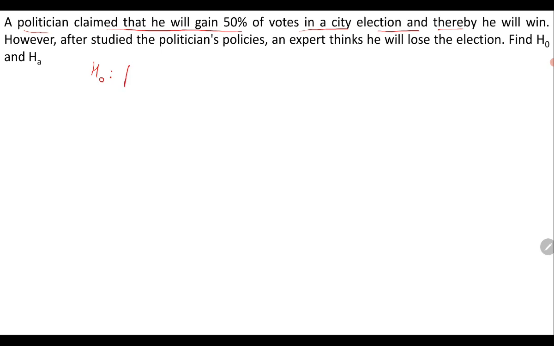It means the probability is greater than or equal to 0.5. And HA is probability less than 0.5, because the expert says, after study, so it is research, that he will lose the election.